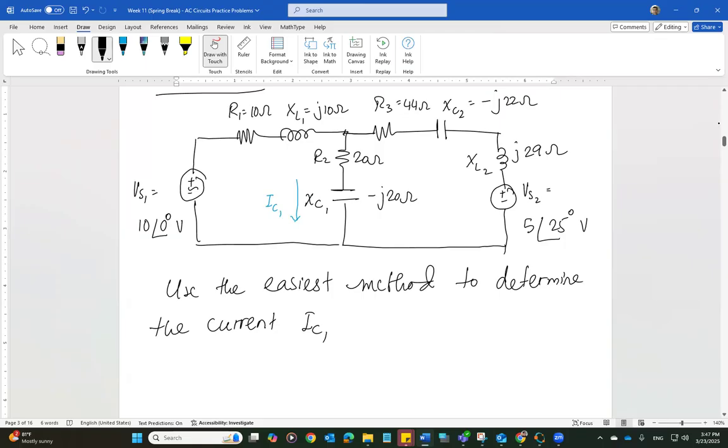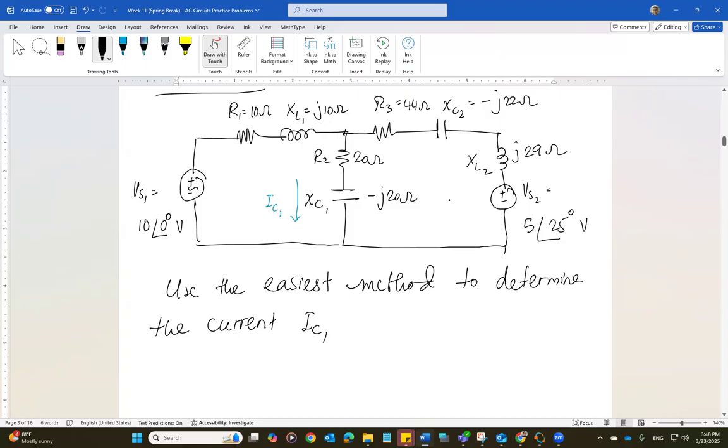Now, many of you, again by instinct, by the way, in this case, of course, R1 and XL1 are in series, R3 and XC2 are in series, and R2 and XC1 are in series. So these three branches are in series and will produce impedances for R1, XL1, R2, XC1, and R3, XC2.